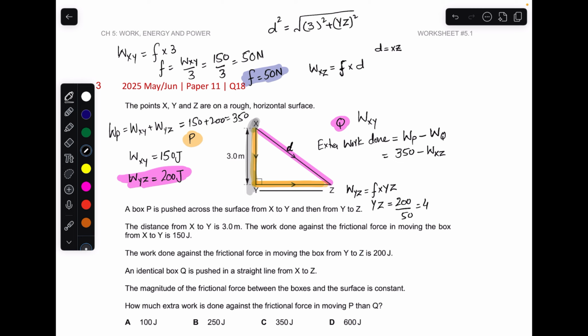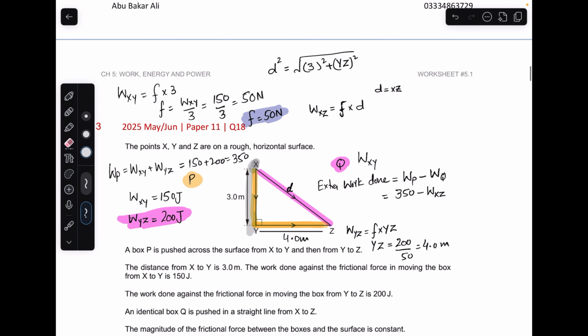It equals 4 meter. Now you can put it here. 3 squared is 9, 4 squared is 16, that will give you 25, and that will be equal to 5.0 meter. So now we know the D as well, that is 5.0 meter.